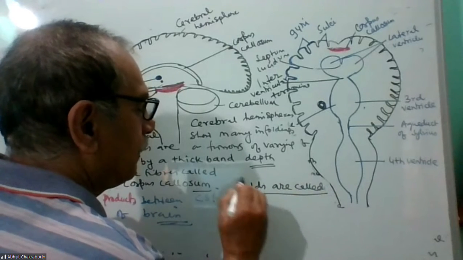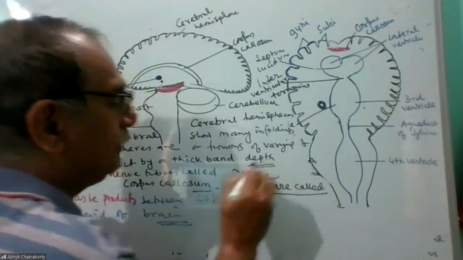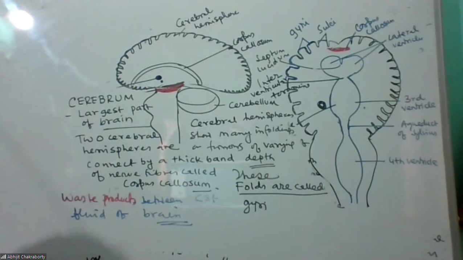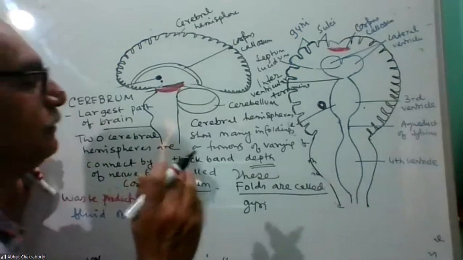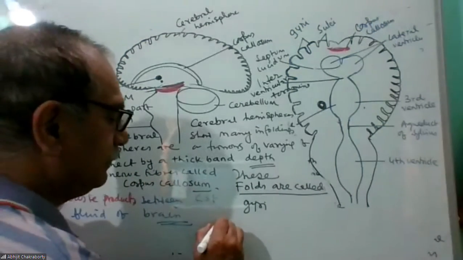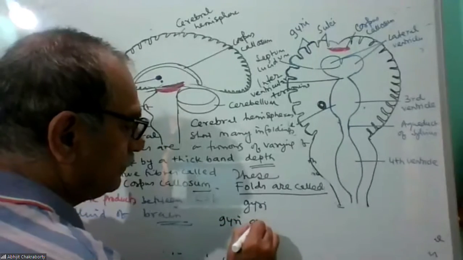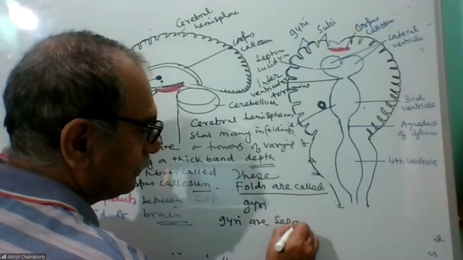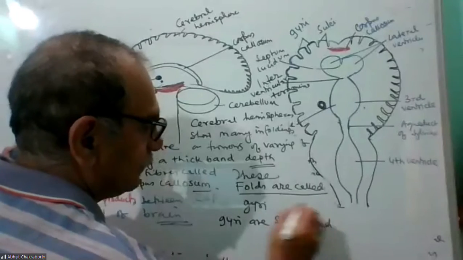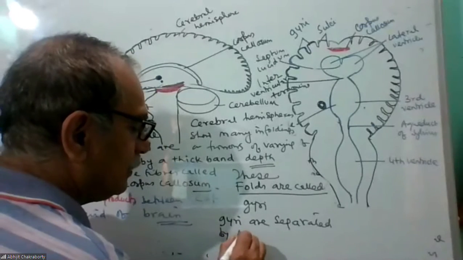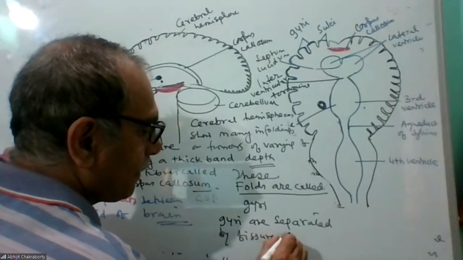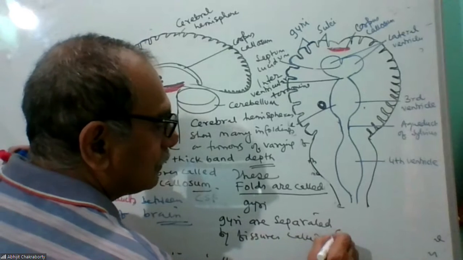These folds are called gyri. And gyri are separated by fissures called sulci.